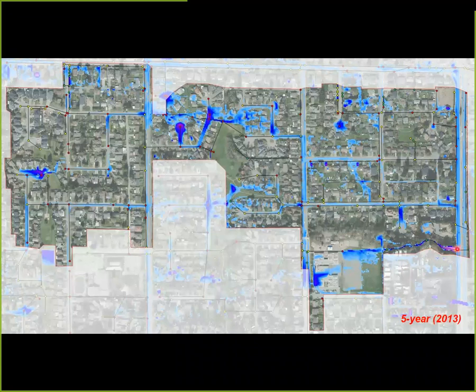There's a number of creeks just on the other side of this road that you can't see right now. So on top of that, one of the other reasons we might see this amount of flooding is that in the 70s or 80s, when they developed this area, they may not have been using a 5-year storm as their design standard. They may have used something like a 2-year event, for example.